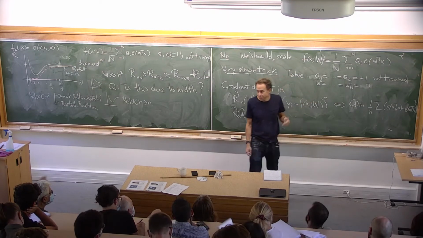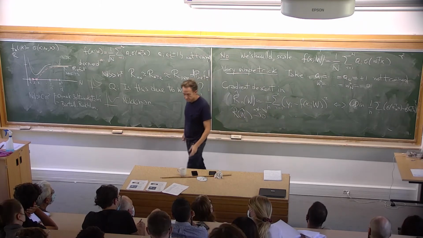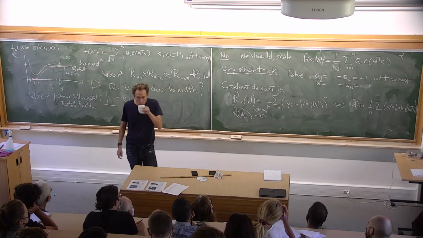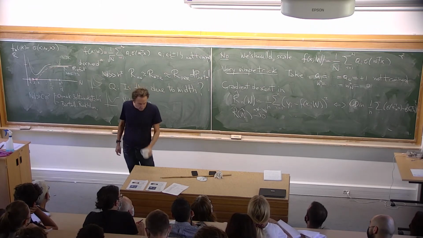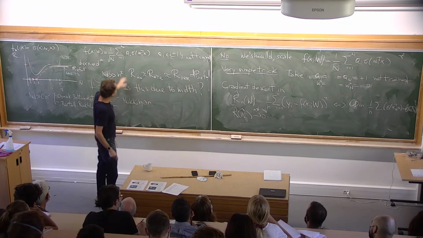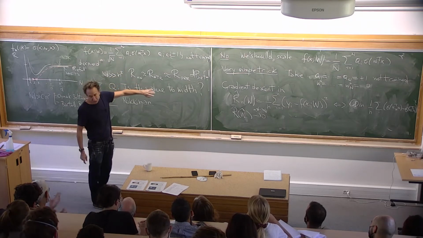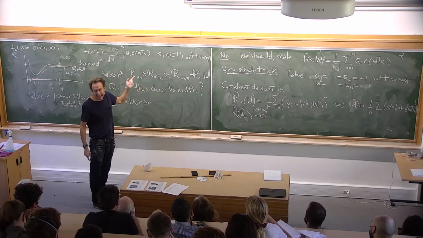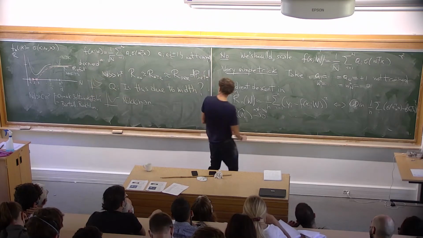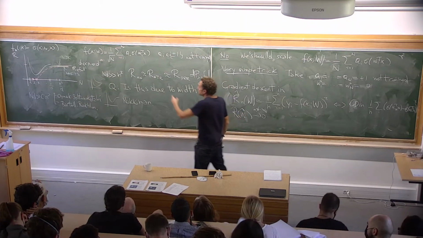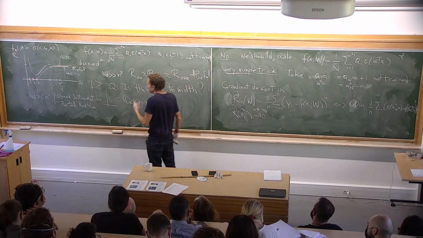So if it is 1 over square root of n, and the initialization is 1 over square root, all of them are 1 over square root. Okay, yeah, so you're right. Here I'm cheating because I'm changing two things. I'm changing the scaling and I'm changing the initialization.